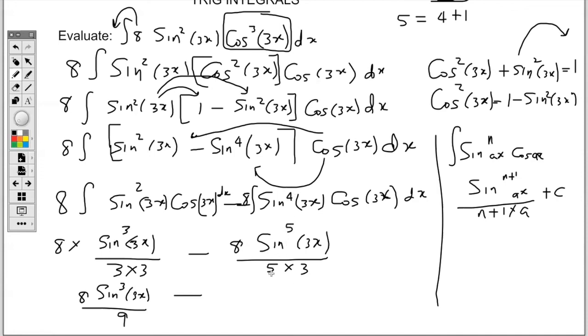Anything you have as a power, you have it in the denominator, plus whatever is the coefficient of x, you have it in the denominator, plus c. So this is 8 sine to the 5 3x over 15 plus c. And that is our answer.